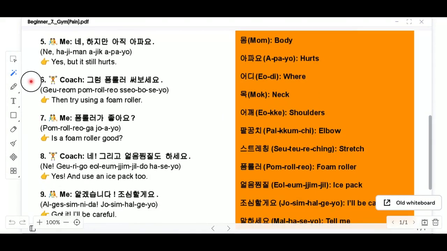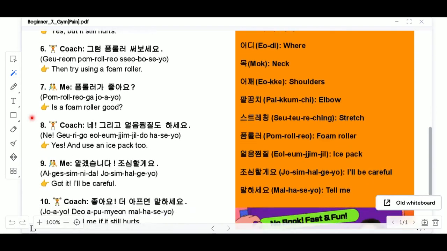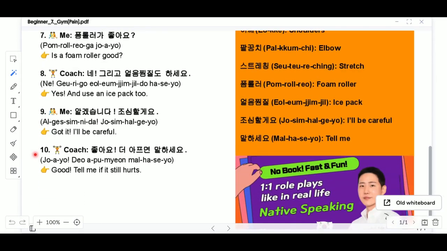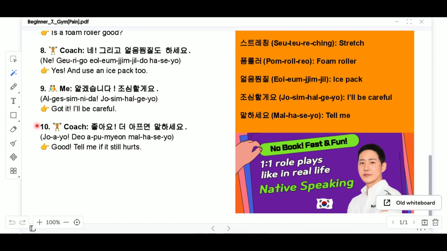Great. 그럼 폼롤러 써보세요. Great. 폼롤러가 좋아요. 네, 그리고 얼음찜질도 하세요. Great. 좋아요. 더 아프면 말하세요.